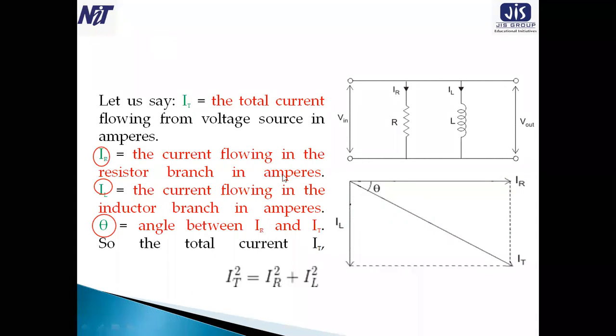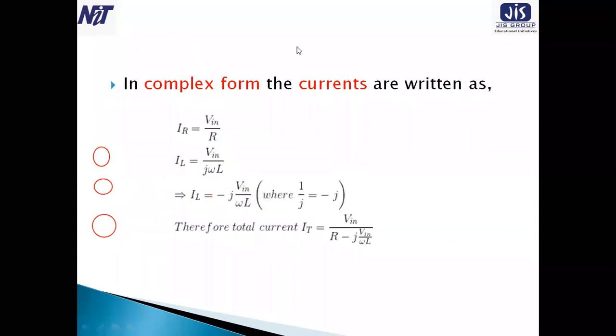Now here, in the complex form, the currents are written as follows. We have to understand what will be the current in the complex form. We already know that IR equals V input by R. Fine.